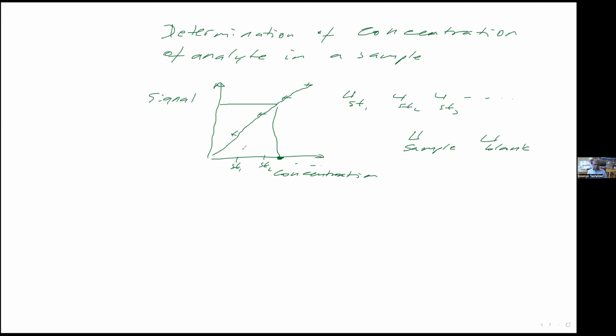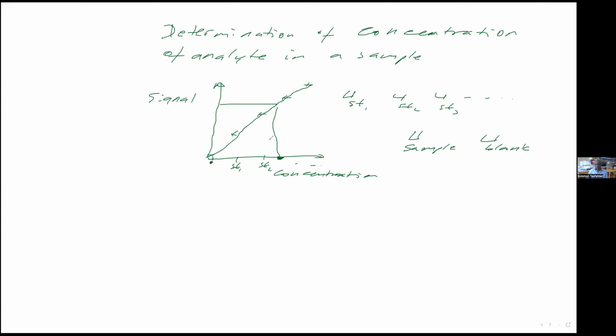And then you do the same with the blank, go into the calibration curve and read the corresponding concentration in the blank. Most of the time, the blank should not contain the analyte, but you can have some sort of contamination in your analytical procedure, in the sample treatment steps. So you can get some contribution from contamination.